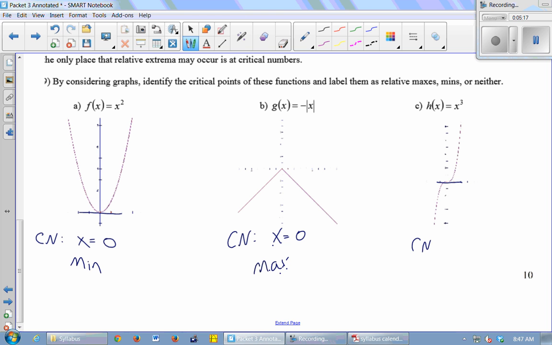So critical number at x equals 0, is it a max or a min? Neither, right? So the only place a max or a min can occur is at a critical number, but that doesn't necessarily guarantee that there is one there. It's just the only place where we would go to look for one.